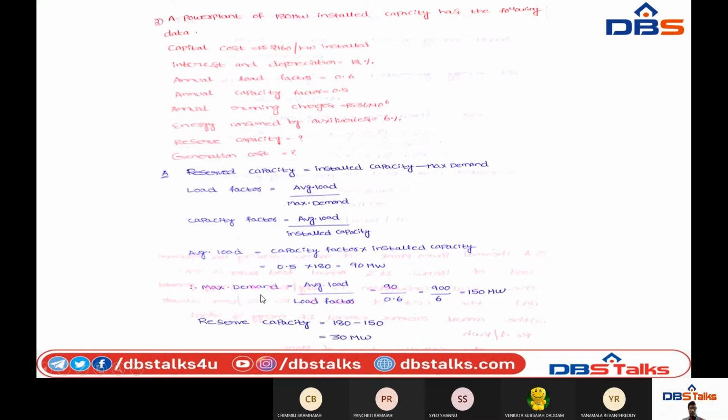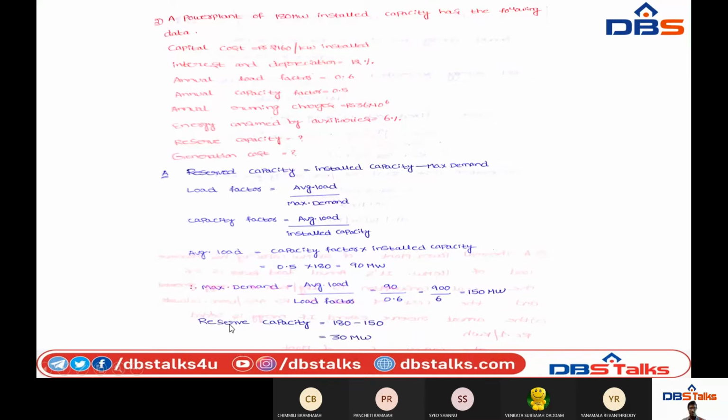After that, maximum demand equals average load by load factor. Average load is 90 megawatt and load factor is 0.6. By calculating this, we get 150 megawatt. First, we found the value of maximum demand, 150 megawatt.